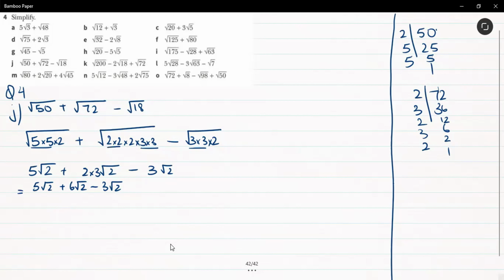What's 5 plus 6? It's 11. 11 minus 3 is 8. So 8√2 would be our answer for part J.